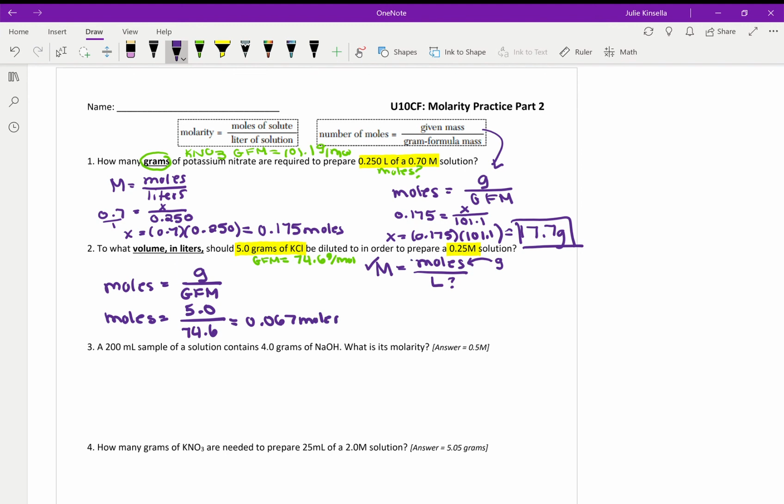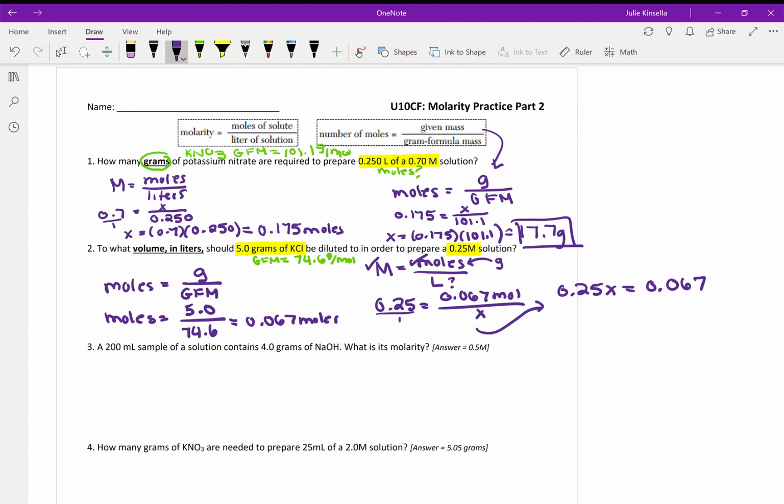Okay, now that I have moles, I can now go ahead and plug these in. So I have my 0.25 molar solution. I have 0.067 moles over X. Just to help you with the math here, most of you guys would probably initially cross multiply. So you'd get, I'm just going to put this over on the side for more room, 0.25x is equal to 0.067.